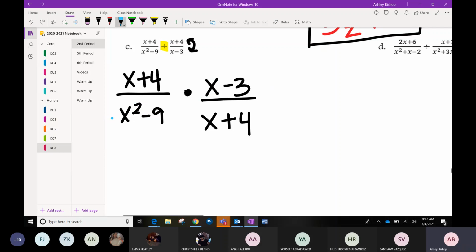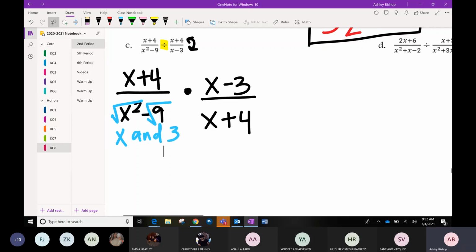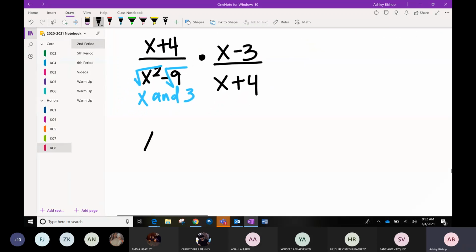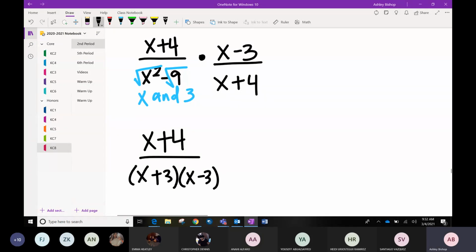If you have x squared minus a number, it will factor. So I take the square root of both. I have x and 3. So that's going to factor. I'm going to rewrite x plus 4 divided by, my new bottom of this fraction is going to be x plus 3 and x minus 3. That's how we factor x squared minus 9.